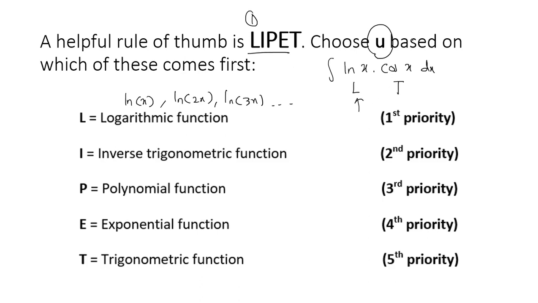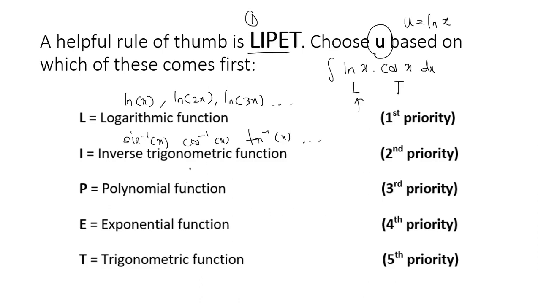So choose u equal to ln x, because logarithmic is the first priority. The second priority is inverse trigonometric function, for example sine inverse of x, cos inverse of x, tangent inverse of x, and so on.